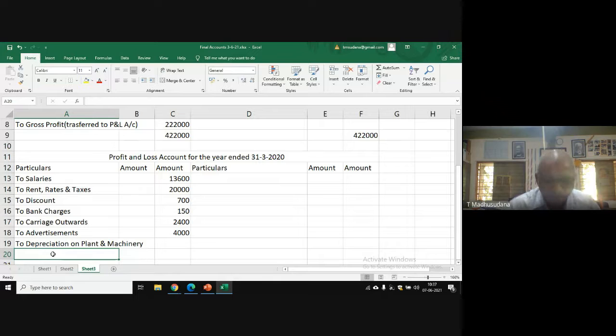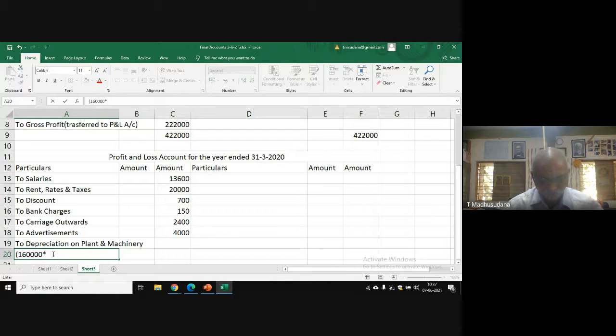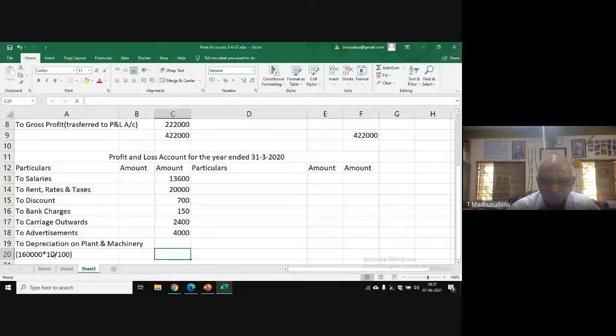The value of plant and machinery is 1,60,000. The formula is 1,60,000 into 12 divided by 100. This is the formula for calculating the depreciation, at the rate of 12% on 1,60,000. That comes to 19,200.